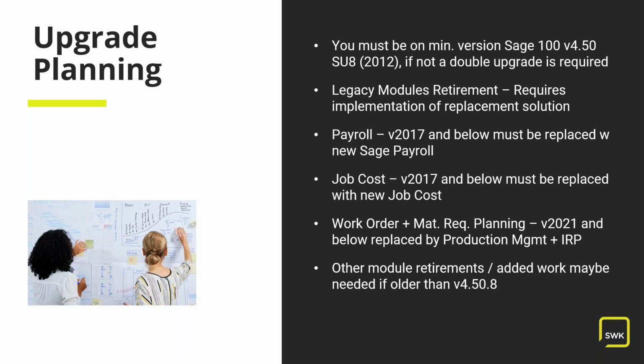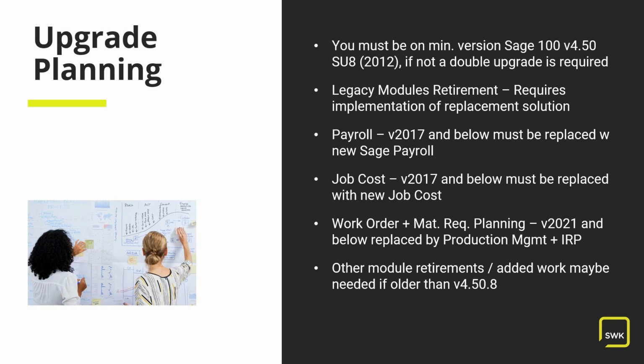So job cost is an example of that, whereas the production management is a true replacement in a new module. Job cost is a rewrite. We're splitting hairs a little bit because there's a similar work that's needed in either case. Okay, so there may be other module retirements depending on what version you're at. So it just depends on what we're going to need to do depending on that. But those are the most common ones that we mentioned there.